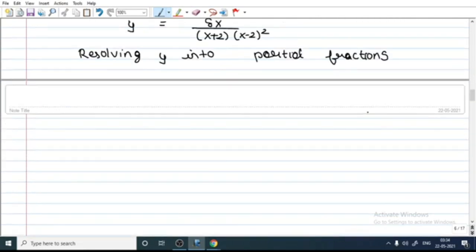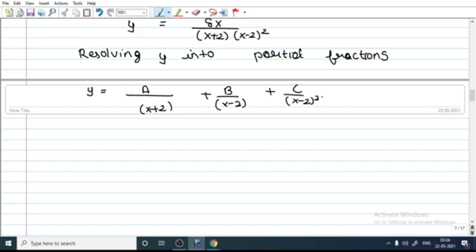If I try to resolve y into partial fractions, what I am getting here is y equals a upon x plus 2, b upon x minus 2 and c upon x minus 2 the whole square, right?